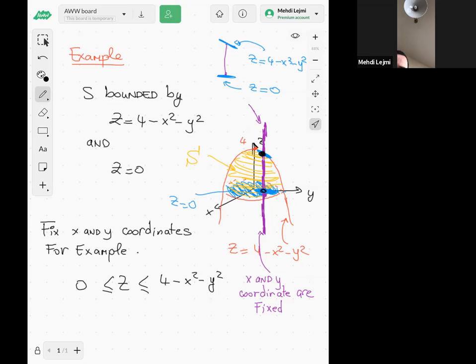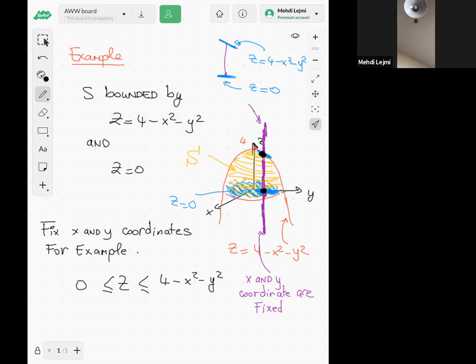The top point belongs to our paraboloid, 4 minus x squared minus y squared, and the black point at the bottom belongs to the xy plane, where z is equal to 0. So you can say my coordinate z is between these two equations, 0 and 4 minus x squared minus y squared. Does it make sense to you guys?